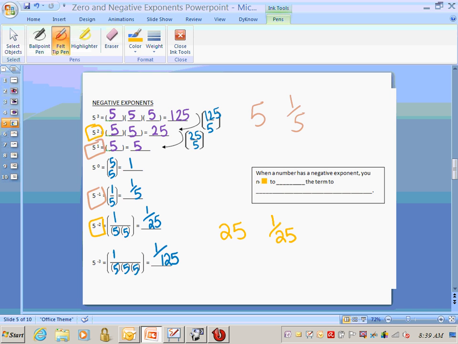Okay. So when a number has a negative exponent, you need to flip the term to make the exponent positive.